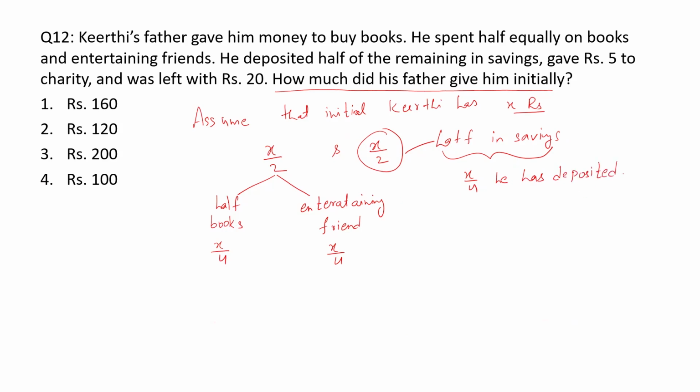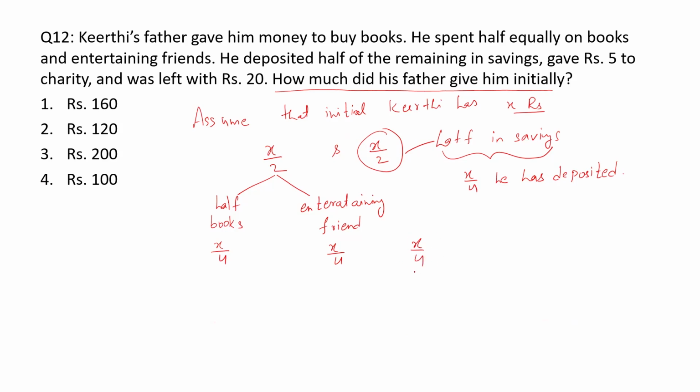Now how much is he left with? Initially the total money was X. Half he spent, X by 4 on books, X by 4 on entertainment, and X by 4 he deposited. So he must be left with X by 4.